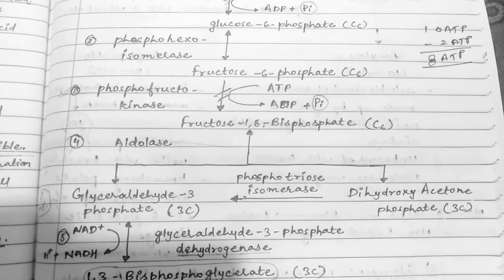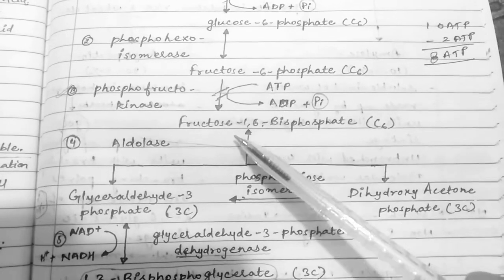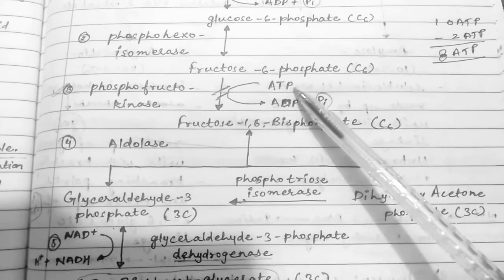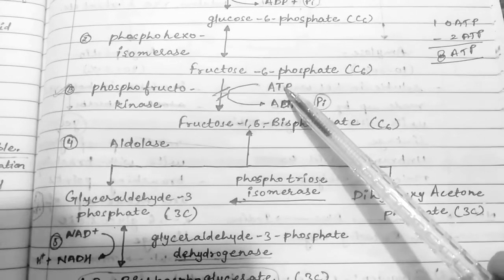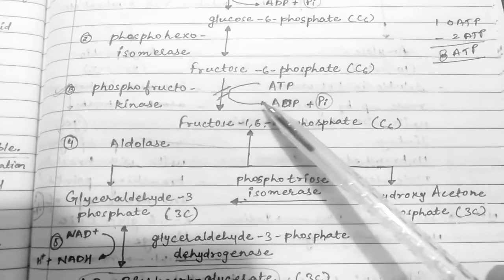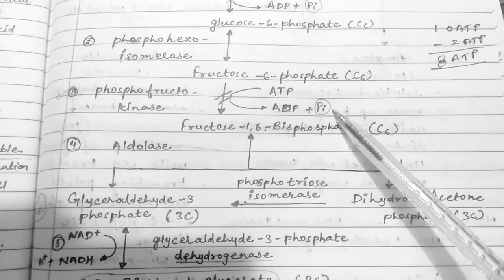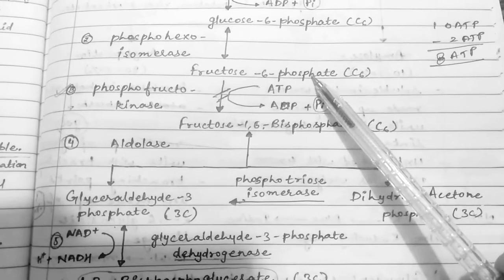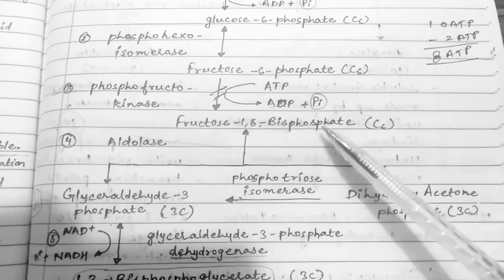Now we will discuss step number three, which is also an irreversible reaction. For this reaction also the energy is required, which is given by ATP, and ATP is converted into ADP plus a phosphate group. This phosphate group attaches to fructose 6 phosphate and forms fructose 1,6 bisphosphate.